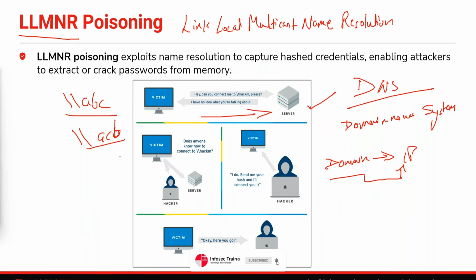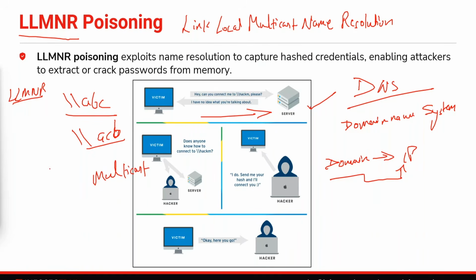Then the LLMNR protocol comes into the picture. The device does not stop there when the DNS server says it doesn't know where it is. The device says, let me ask other people. So it will send a multicast to the whole network. What is multicasting?